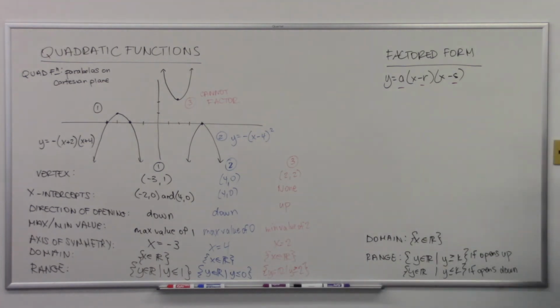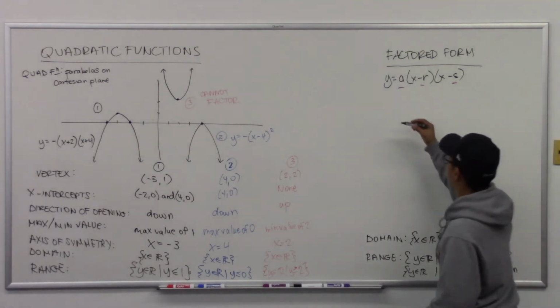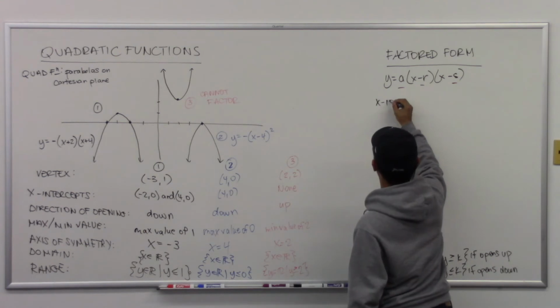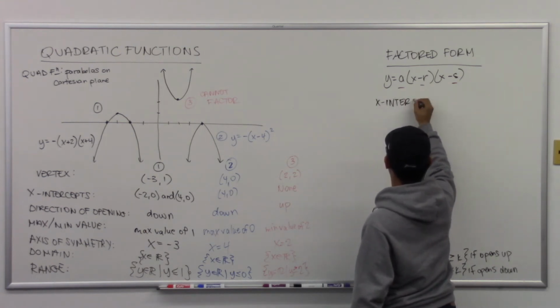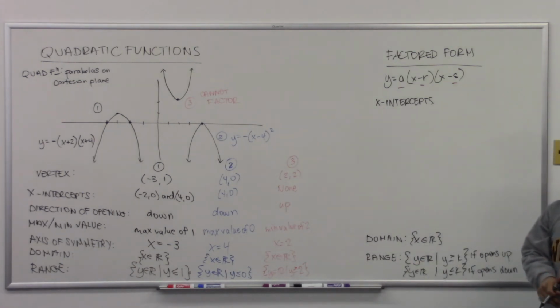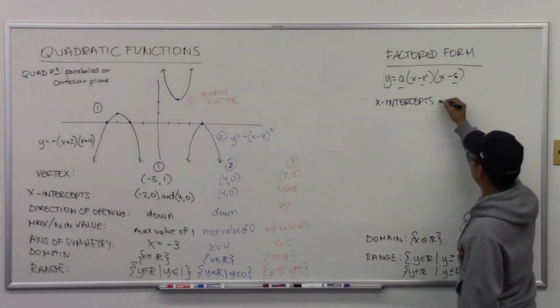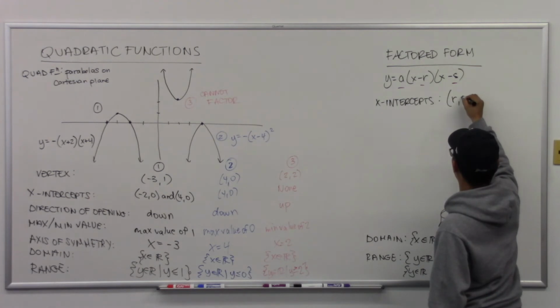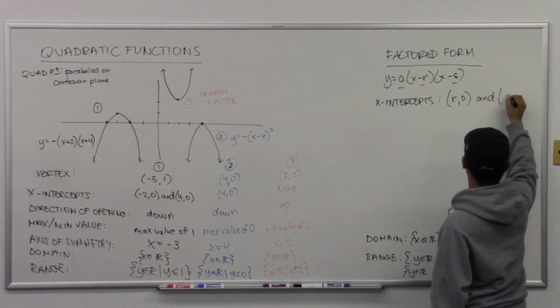How can you tell what the x-intercepts are? Yes. Your x-intercepts are r, 0 and s, 0.